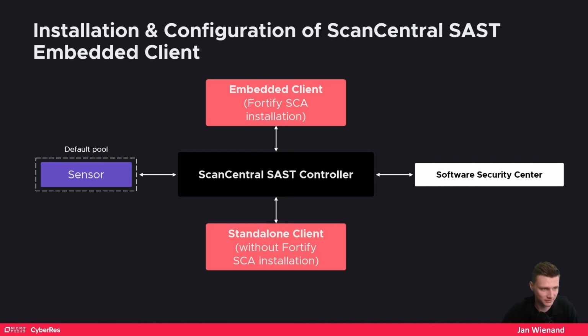So for example, if there's a language that is not supported by the standalone client, we can use the embedded client to offload the heavy scan part of a Fortify scan. So in this case, we want to install and configure this embedded client. And for this, we are using the already existing Fortify static code analyzer installation.